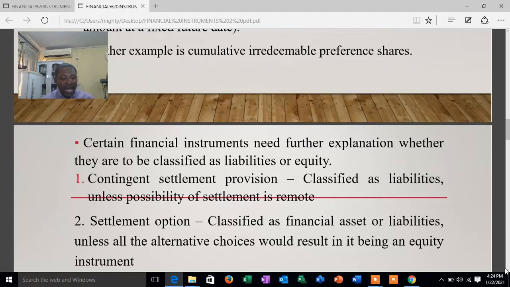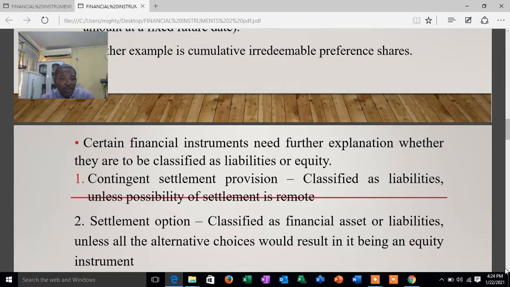So therefore, where an entity has to deliver cash instead of equity shares, but such a decision is beyond the control of the issuer and the holder of the instrument, in that situation, you classify that instrument as liabilities.